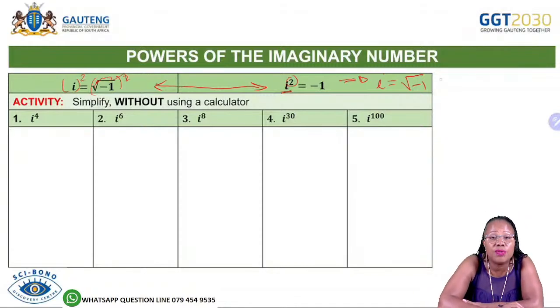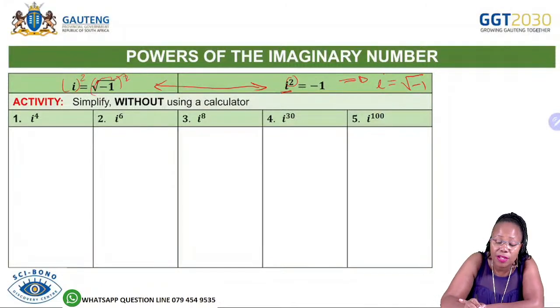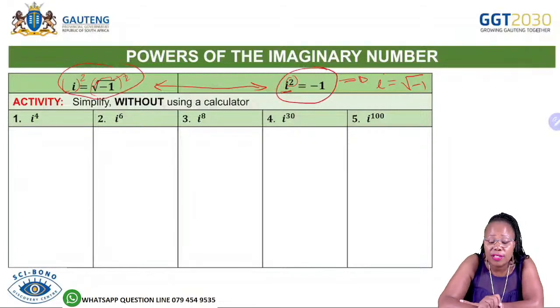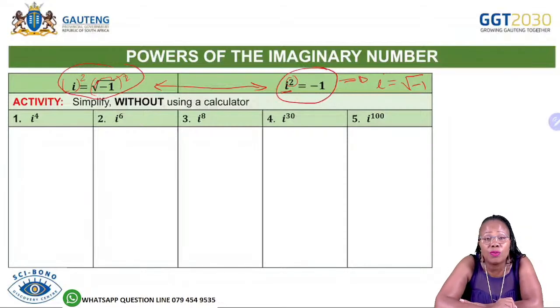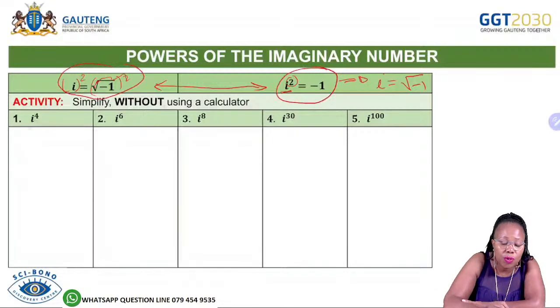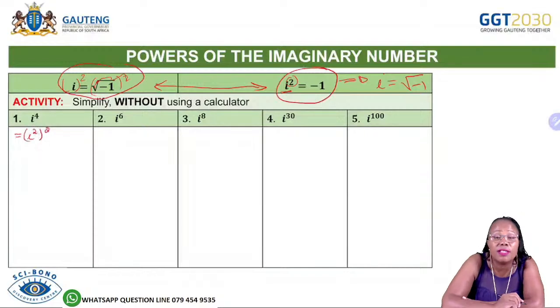We are given i to the power 4, and then if we simplify this, applying what is given to us on top there, you can see that this application works when you have i squared or i to the power 2. So we are going to write this i to the power 4 as i squared, and in order to get 4, you must raise this to a 2.